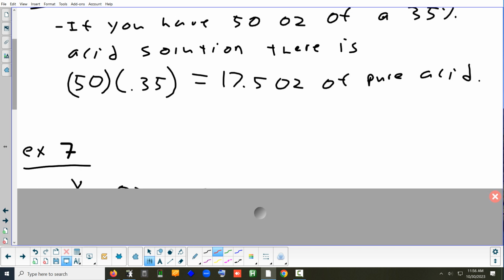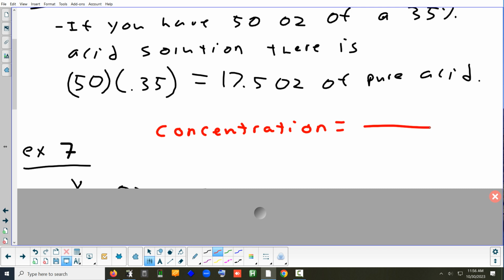So what we're going to look at is how you find the concentration. Finding the concentration is pretty much the same idea as if I said to you, what was your grade on the test? If there were 10 questions on the test and you got 7 right, how do I find your grade? Right. I take how many were right divided by the total.